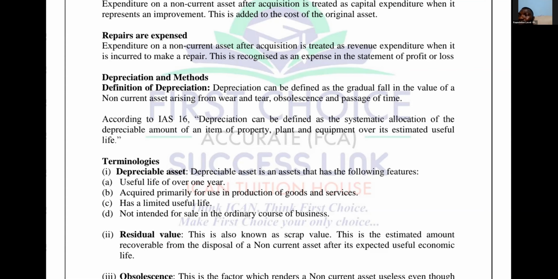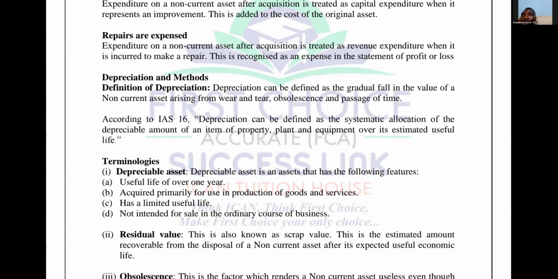So if we purchase a motor vehicle for 1.5 million, that amount is what we call the depreciable amount. It is spread over its estimated useful life. If the asset costs 1.5 million and we decide it will last us 10 years, what is the value of the asset that we enjoy on a yearly basis?